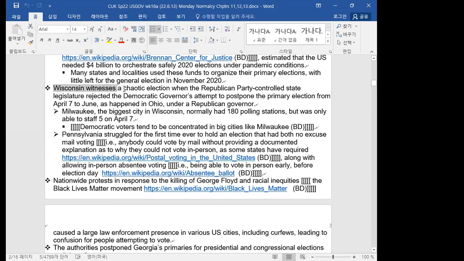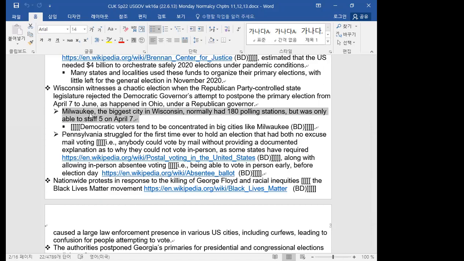Wisconsin witnessed a chaotic election when the Republican Party-controlled state legislature rejected the Democratic governor's attempt to postpone the primary election from April 7 to June, as happened in Ohio under Republican Governor DeWine, who's still there. Milwaukee, the biggest city in Wisconsin, normally had 180 polling stations, but was only able to staff 5 on April 7th. So Milwaukee is where black people will be concentrated. Black people, poor people, Hispanic people, they tend to be concentrated in big cities.